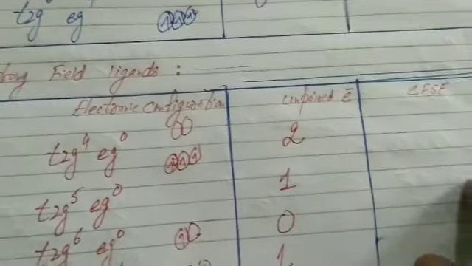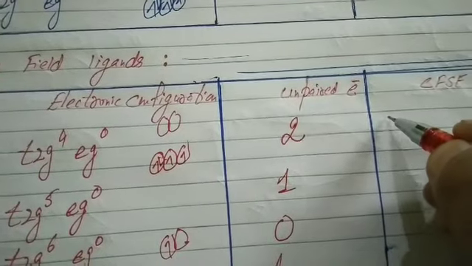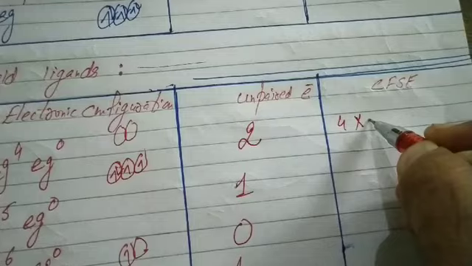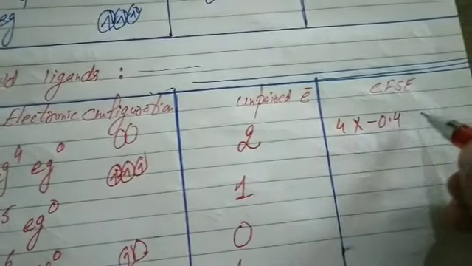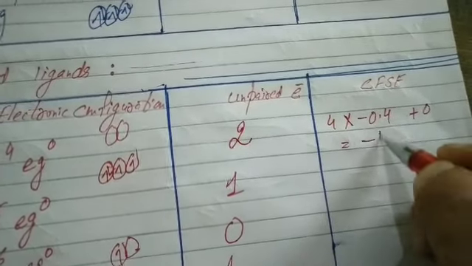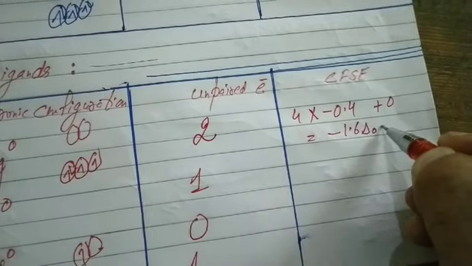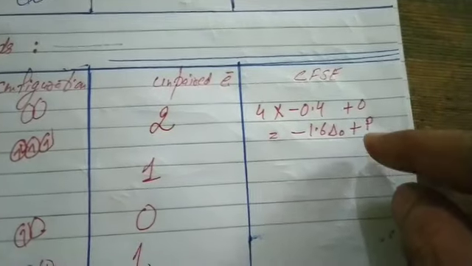Now I am telling you how to find crystal field splitting energy for such complexes. Up to d3 it remains same. For d4, students, number of electrons 4 multiply by value minus 0.4, that is t2g level, plus eg is 0, that is minus 1.6 delta naught. But we add plus P, that is pairing energy, energy required to pair up the electron.